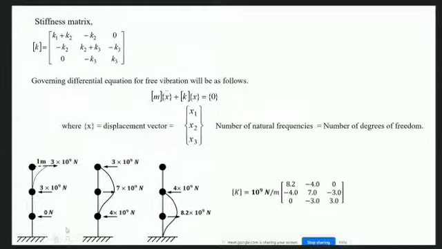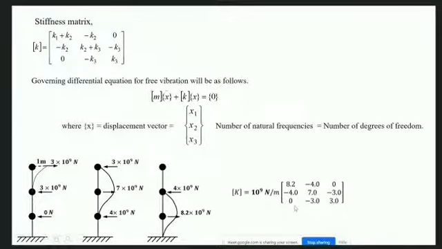And then if I put the values of K1, K2 and K3 here, ultimately we are getting this stiffness matrix as 10 to the power 9 Newton per millimeter outside, and then inside the matrix, these are the numbers.